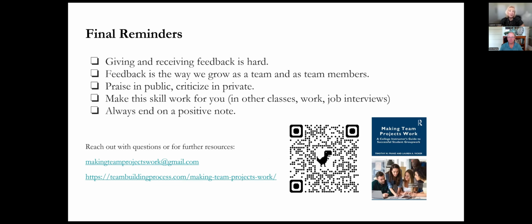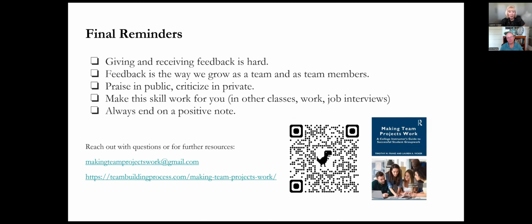So, as we noted in the beginning, giving and receiving feedback is hard. It's hard work, but it is the way that we grow as a team and as individual members of the team. Remember to praise in public, criticize in private. And you can make this skill really work for you. Remember, one of the number one skills that employers are looking for is the ability to work in teams.